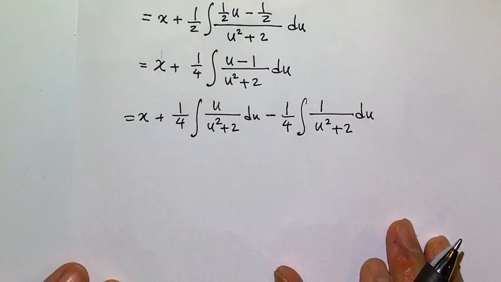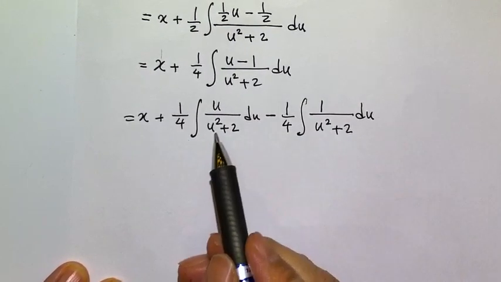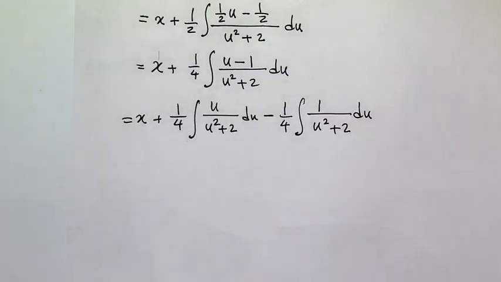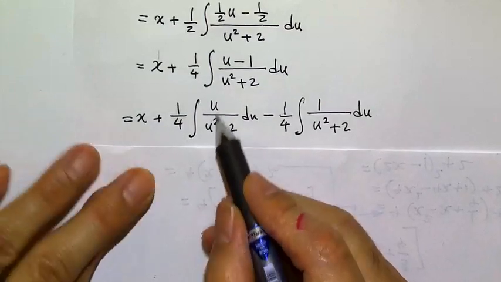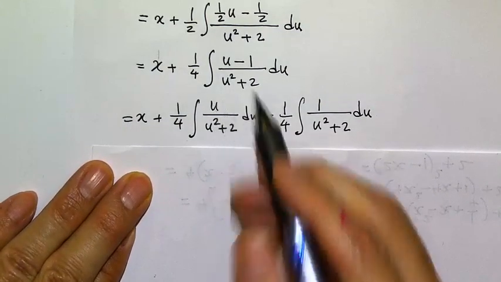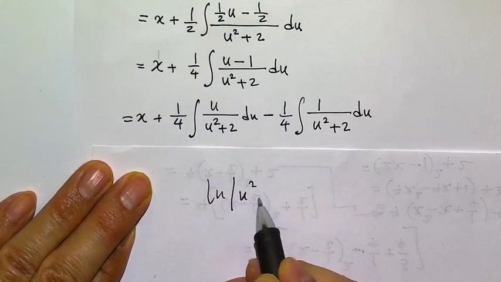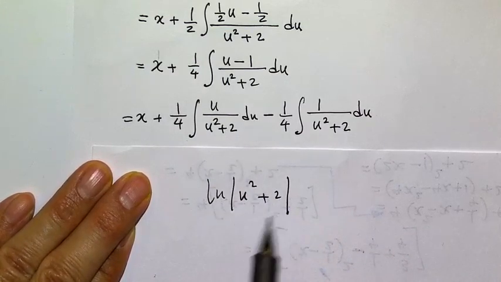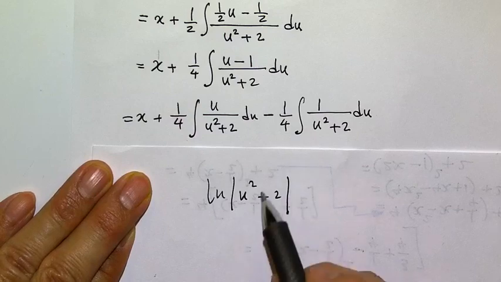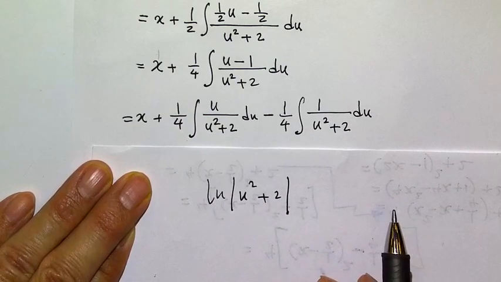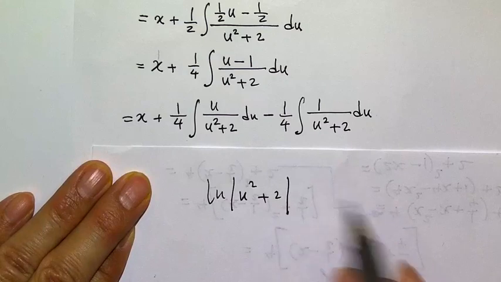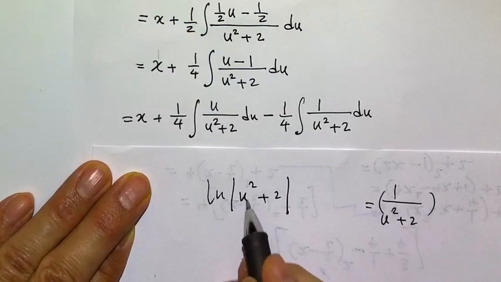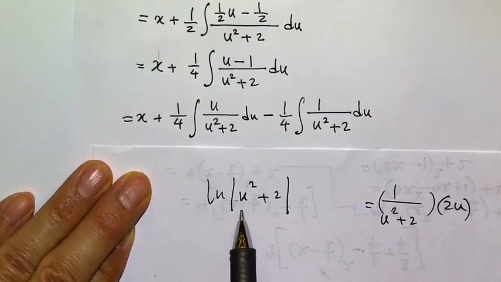Okay? All right, so now integrating that, let me bring a scratch paper here because I'm running out of room again. So integrating that, you have u squared in the denominator and u, so that'll be natural log of u squared plus 2. If you leave it like this, it won't be correct, because if you take the derivative of this, you end up with 1 over u squared plus 2 times 2u by the chain rule, right?